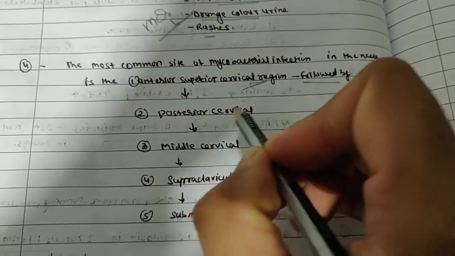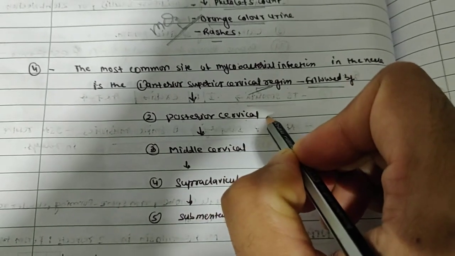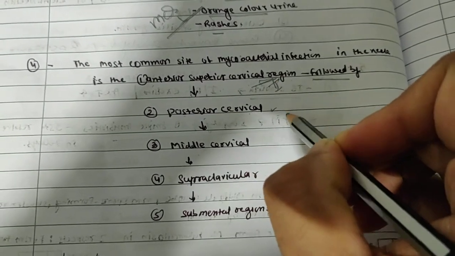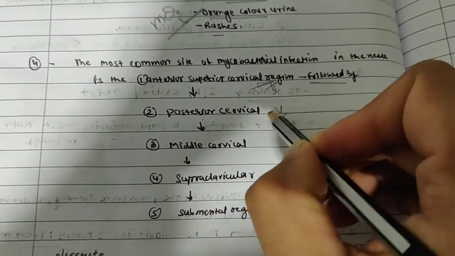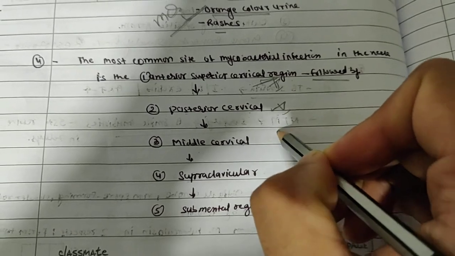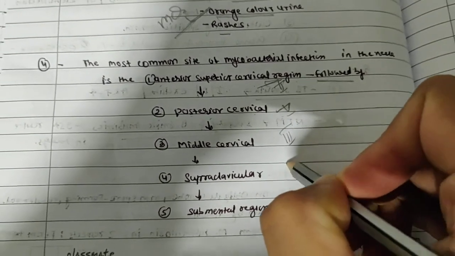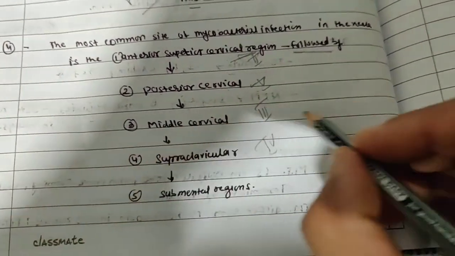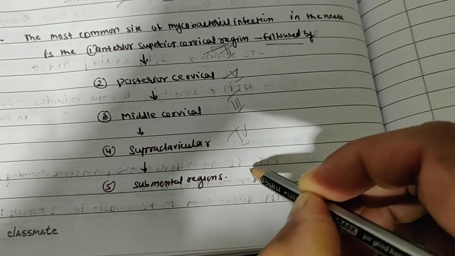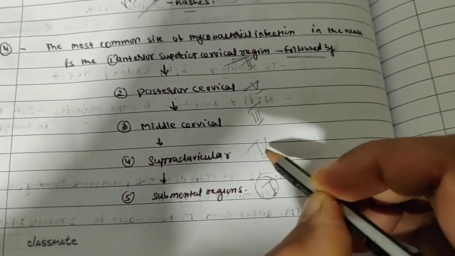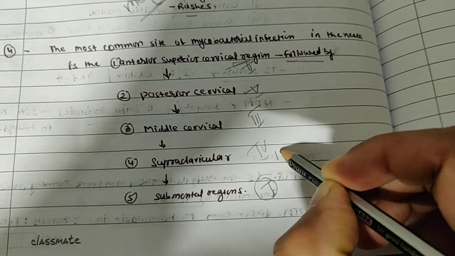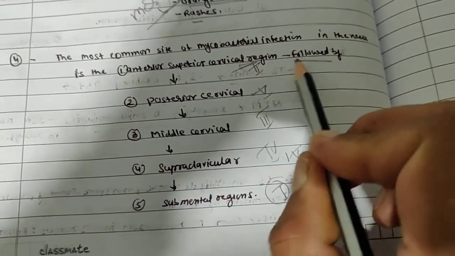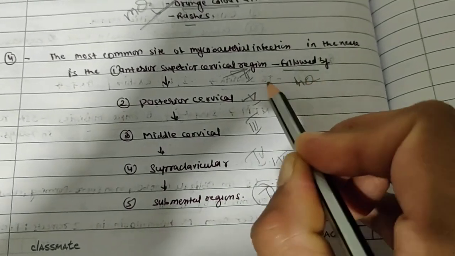Level 2 is most common, then posterior cervical level 5 is second most common, then middle cervical level 3, then level 4. The submental region may also be involved, and supraclavicular nodes may be level 4 or 5. The anterior superior cervical node, jugulo-omohyoid, is the most common MCQ question.